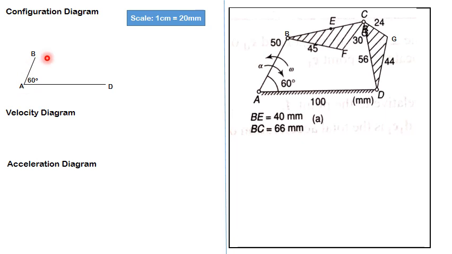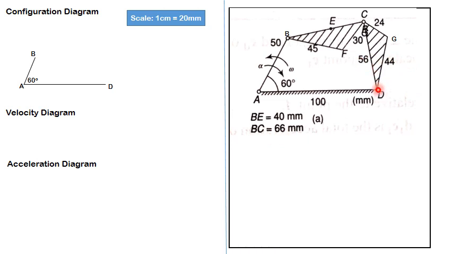So I have drawn link AB by placing the protractor and measuring its length as 2.5 centimeters. Now I need to locate point C in this configuration diagram, and its distance from B and D is known to us. C is at a distance of 66 mm from B, and 56 mm from D. So the scaled radii will be 33 mm and 28 mm respectively.